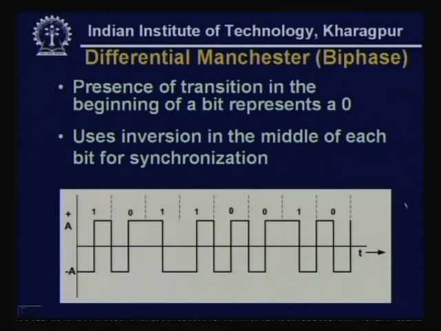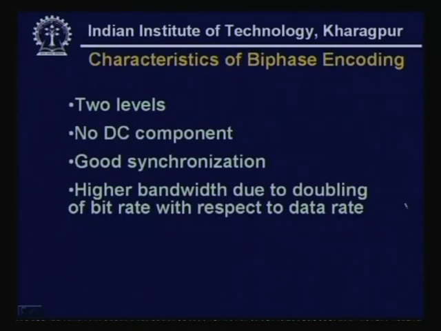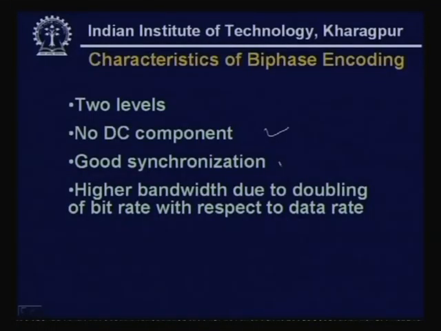So, the average value will be 0. So, there will be no DC component present. It is a very good feature, and it provides you very good synchronization, because the number of transitions per bit element will be at least 1. There may be more than one transition in case of consecutive zeros or consecutive ones, but it gives you at least one transition. So, it gives you very good synchronization.